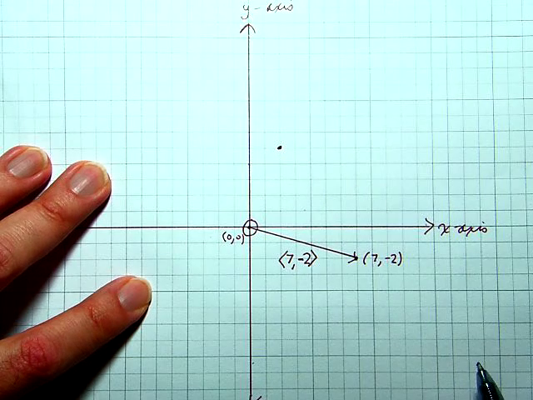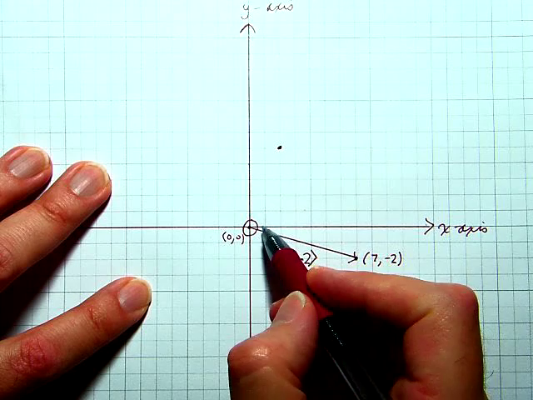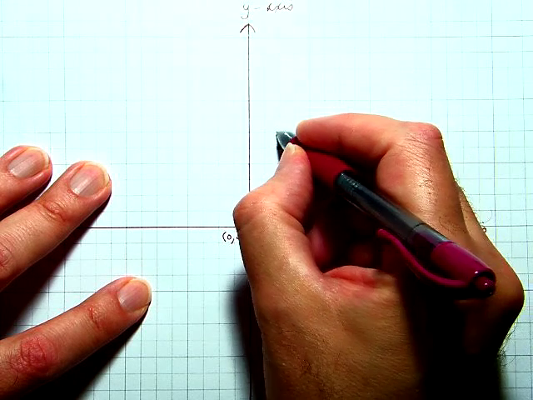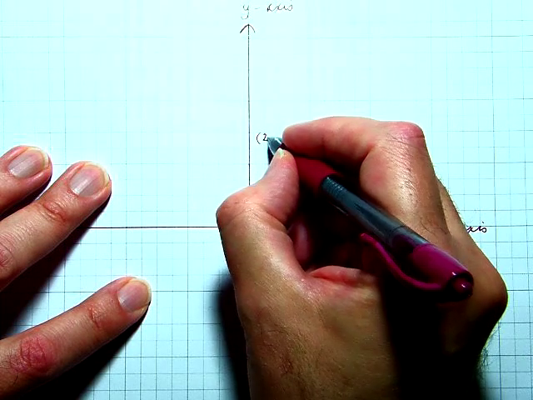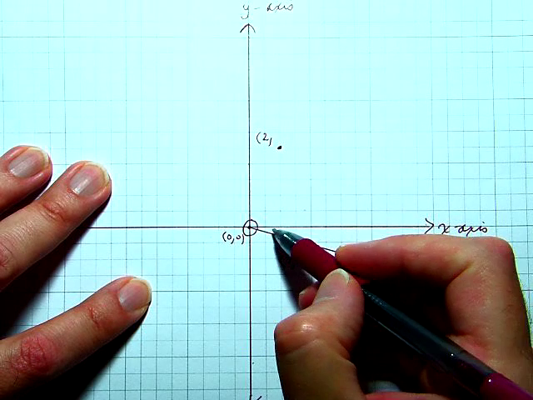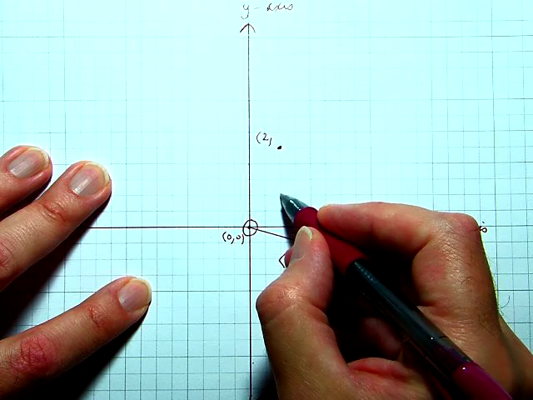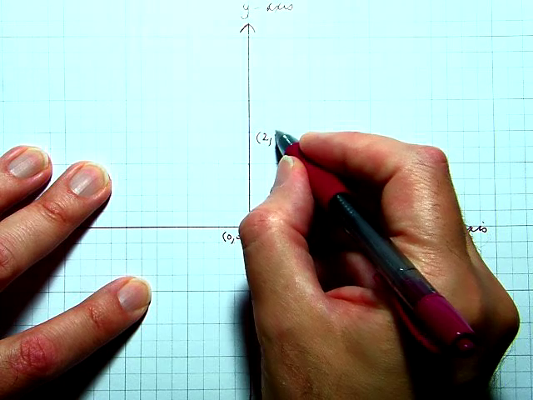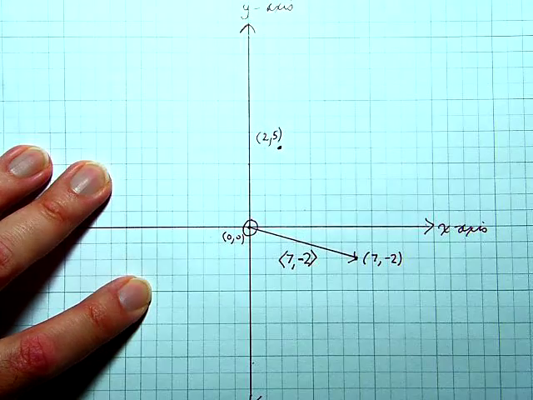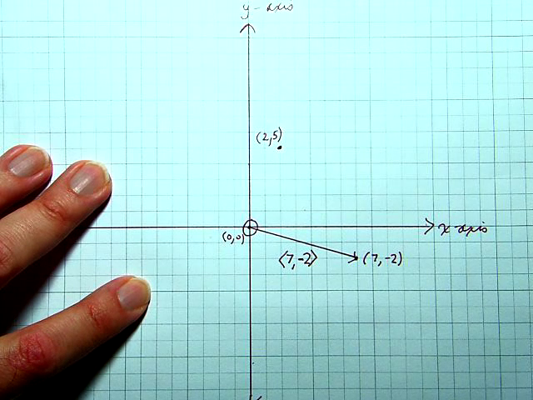We chose to put its tail at the point where x is 2, and the y value would be 1, 2, 3, 4, 5. Let's say we chose to start the vector there. Its tail would be there. What would the vector look like?